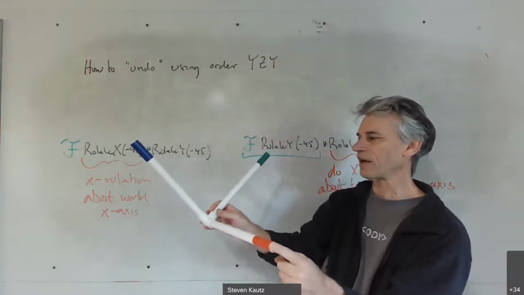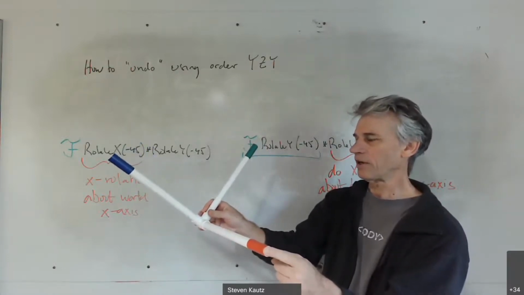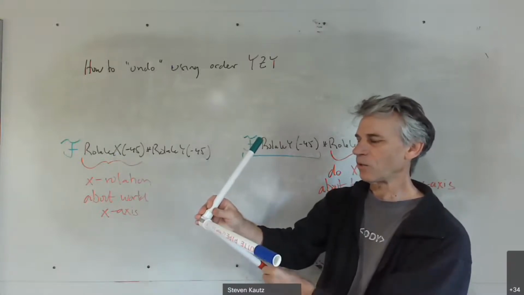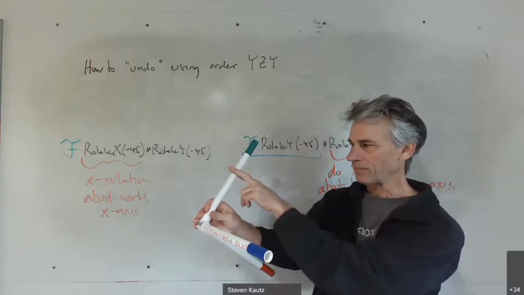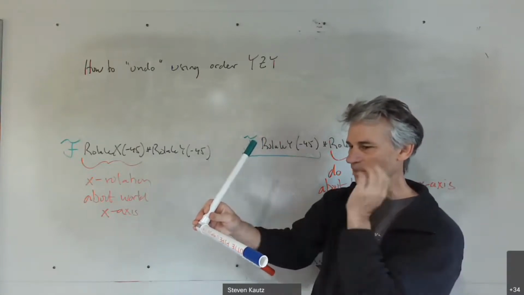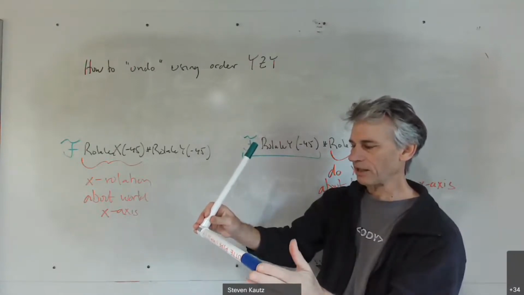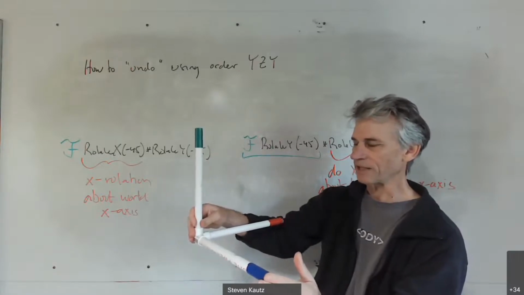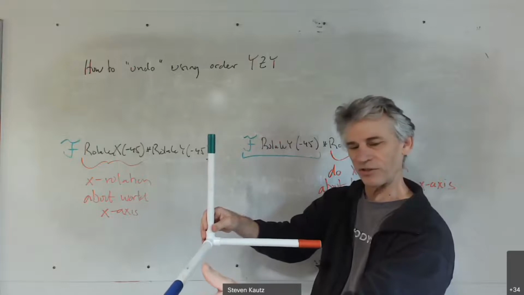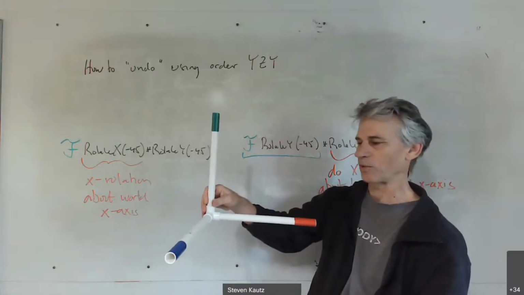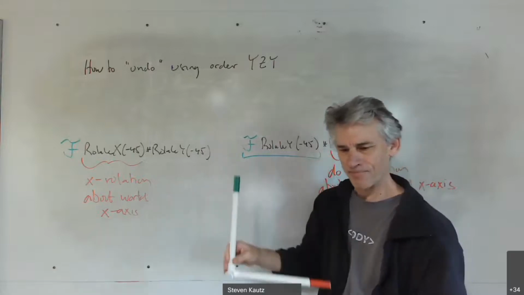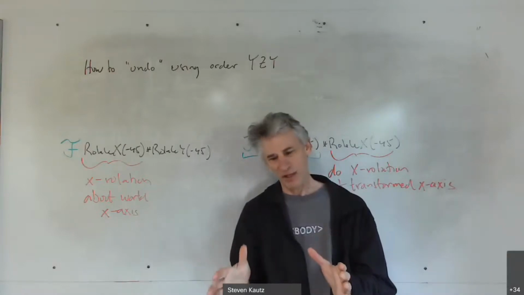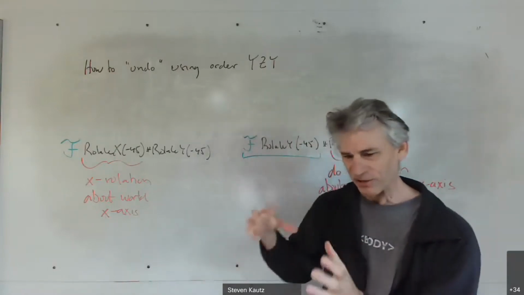And I'm claiming that if I do a 90-degree y rotation, starting with that one, followed by a 45-degree z rotation, and then a minus 45-degree y rotation, I should get back to where we were. So that seems, I hope, plausible. Try it with your hands.